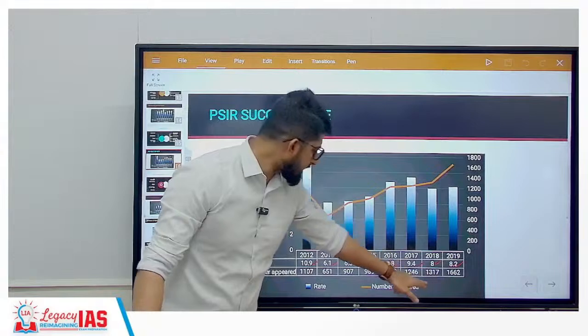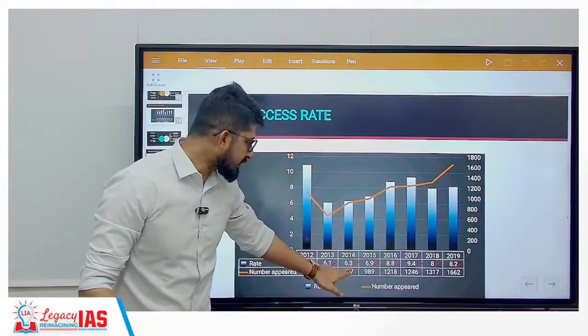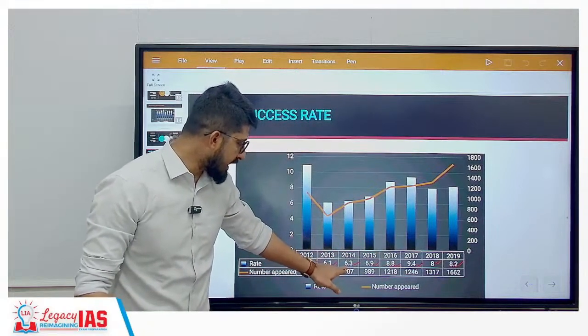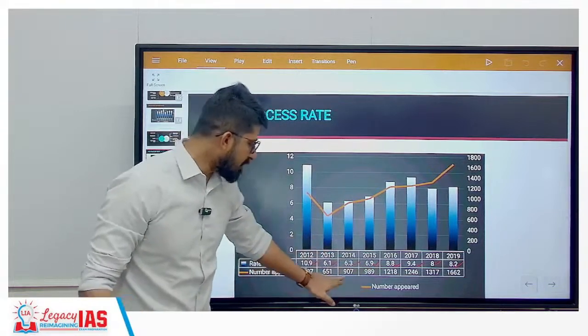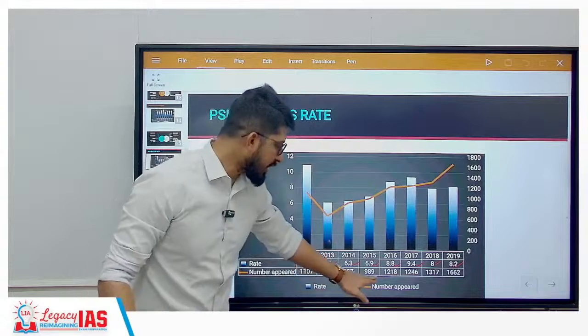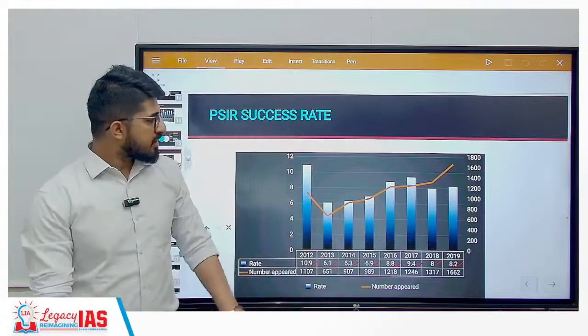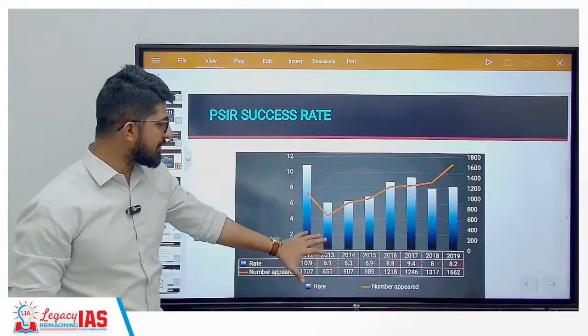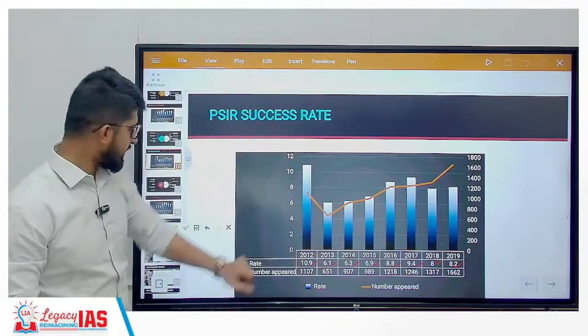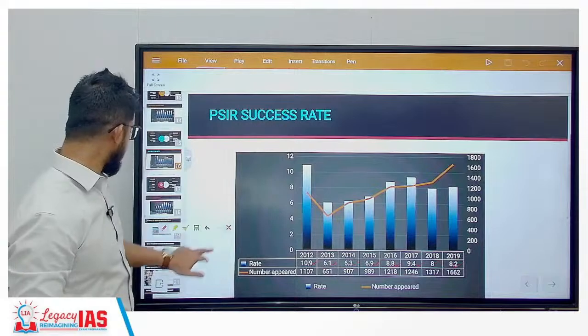While the success rate dropped to 6.1, 6.3, still the number of people choosing it as an optional kept on increasing. That is the nature of the paper. But why? Because it is interesting. Still people believe this is a good optional, and it is a good optional, yes.